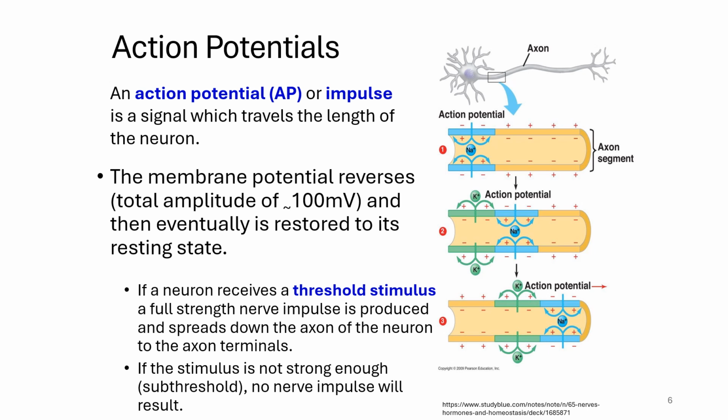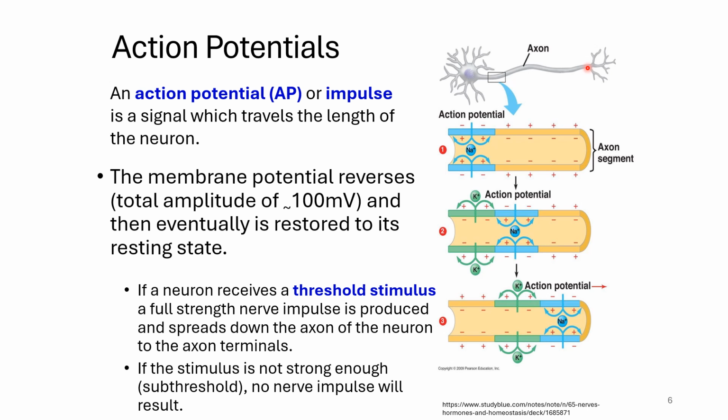So let's see what happens to the axon if we form an action potential. We're going to talk about the movement of the ions in just a minute. But overall, kind of big picture right here, if we form an action potential at the area of the neuron called the axon hillock, it's basically right here where the axon meets the cell body, then at the axon hillock, if an action potential forms, it's going to shoot the signal down the axon.